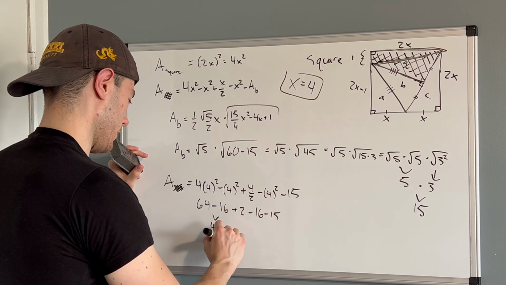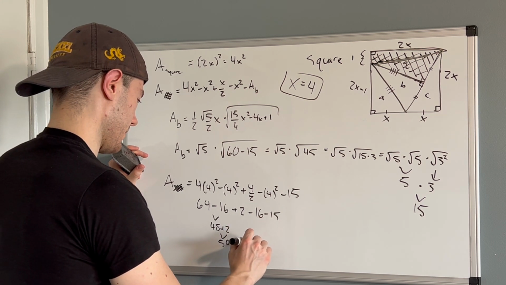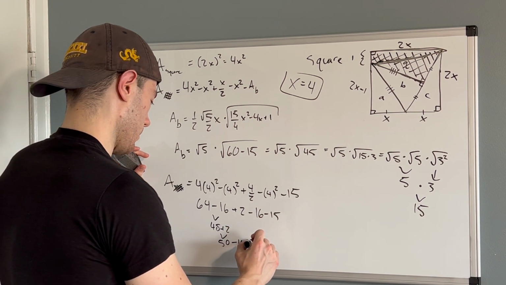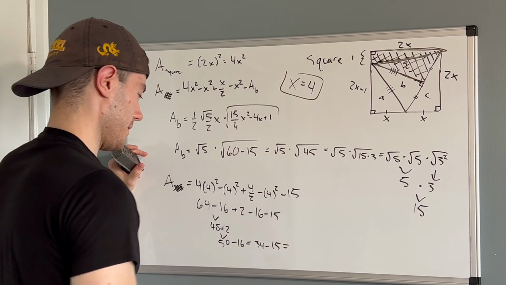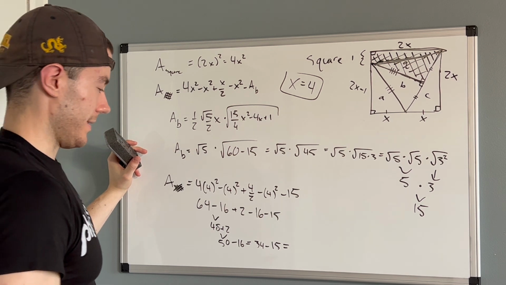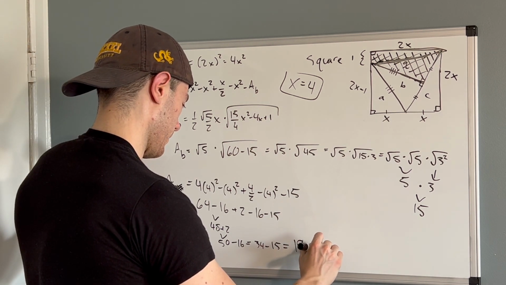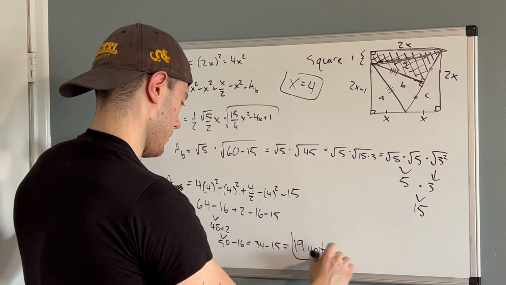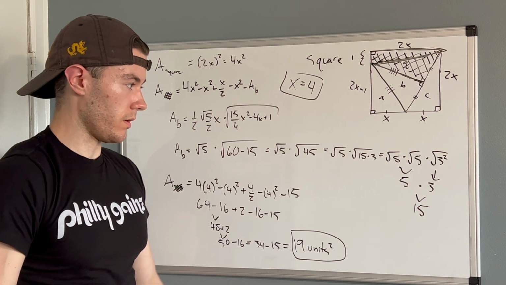Plus 2 is 50. Minus 16 is 34. Minus 15 is 19. Area of the shaded region is 19 units squared.